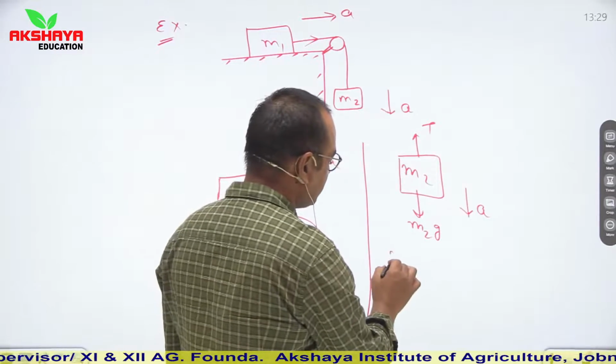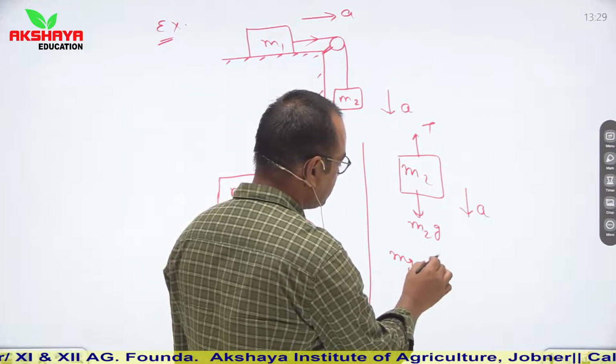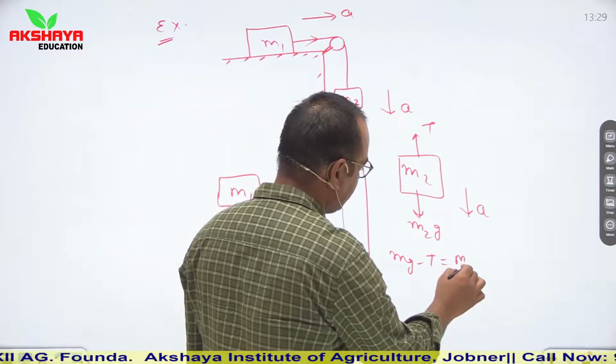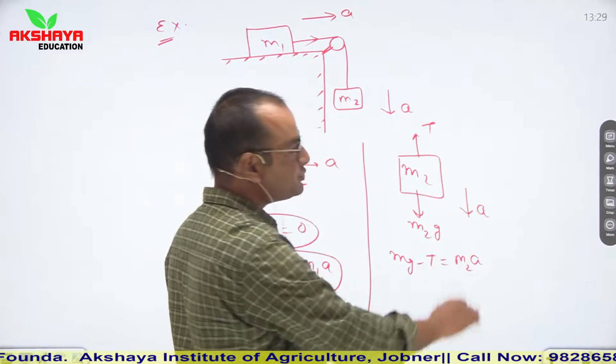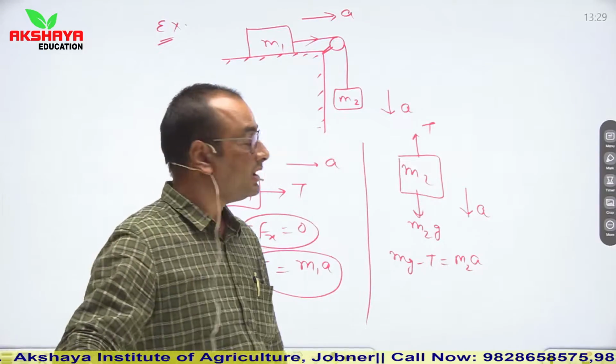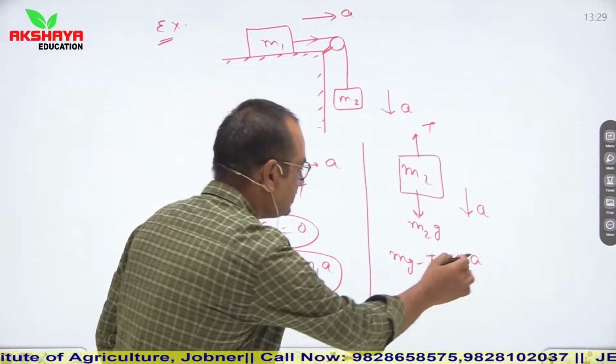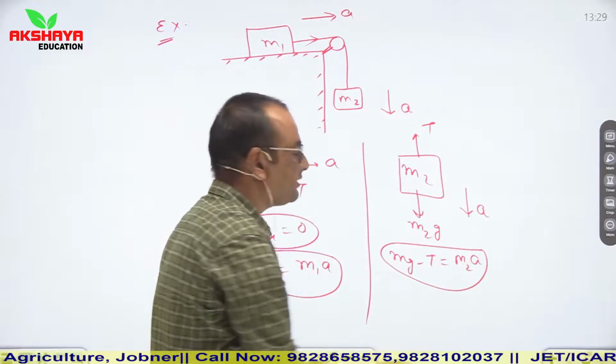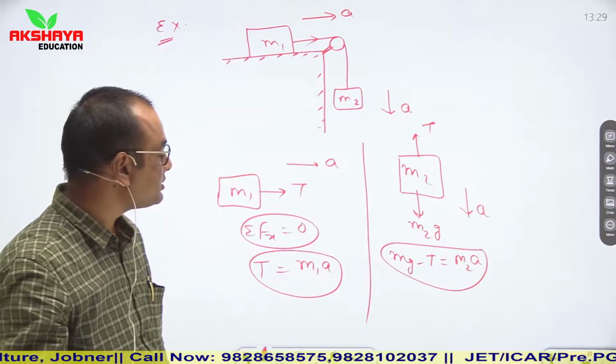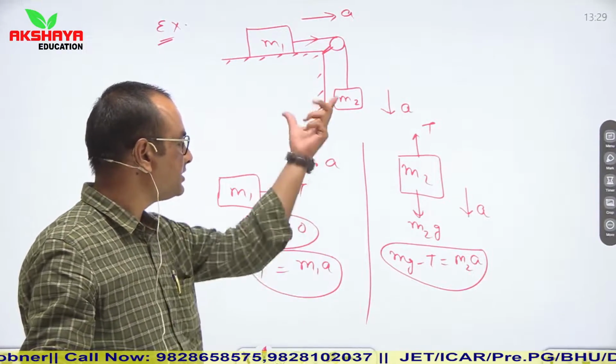So here M2g minus T is equal to M2A. It means force due to acceleration is the resultant of M2g and T. So these are two equations. From here we can calculate net acceleration of the system and tension in string.